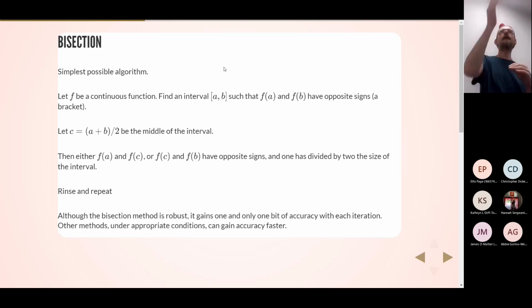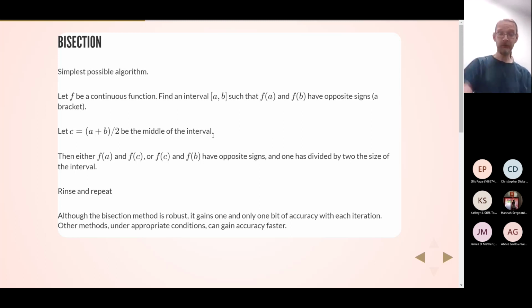So what you do is you cut your interval in half, and you see which half of the interval still has a negative and a positive sign, and then you know that the root must be in that new halved, bisected interval.